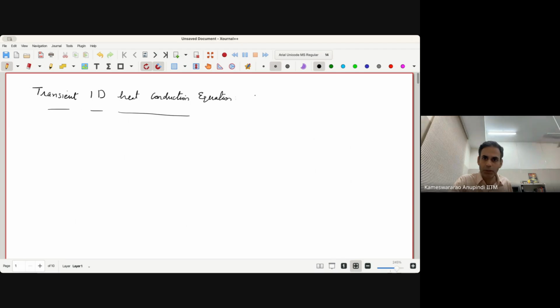Essentially, we wrote this as partial u by partial t equals alpha dou square u by dou x square, right? That's what we have written. And we said that essentially this can be discretized using different methods, right? Where alpha is the thermal diffusivity, t is the time, x is the spatial coordinate, and u is the temperature that we want to solve in a one-dimensional domain, right?